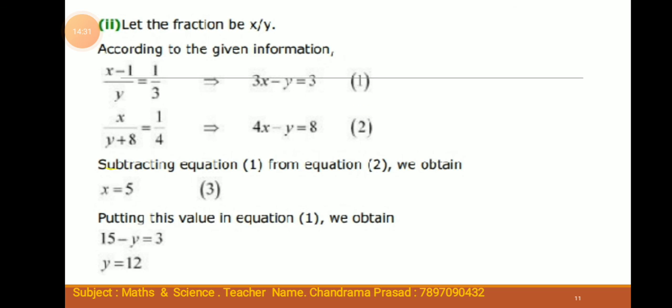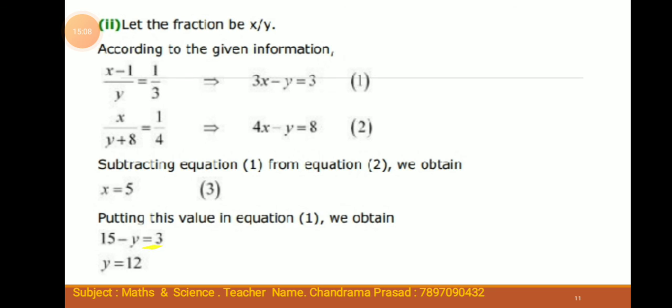Case second: if 8 is added to the denominator, then it becomes 1 by 4. Therefore, x divided by (y plus 8) equal to 1 by 4. On solving, 4x minus y equal to 8. This is equation 2. Subtracting equation 1 from equation 2, we obtain x equal to 5.